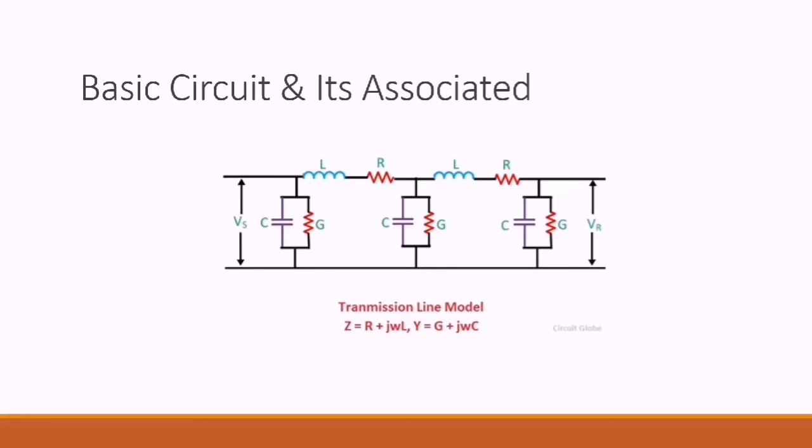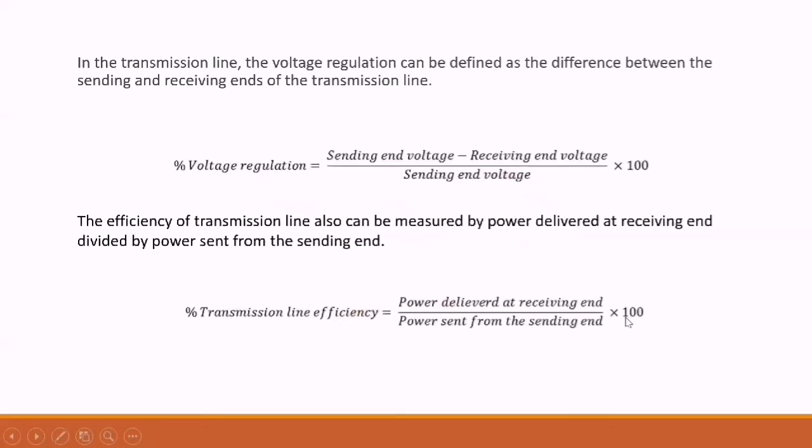Alright, now we can see some formulas to calculate the voltage regulation. Percent of voltage regulation is equal to sending end voltage minus receiving end voltage, divided by sending end voltage, times 100.